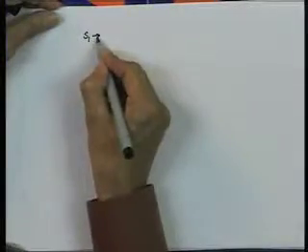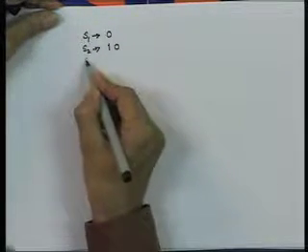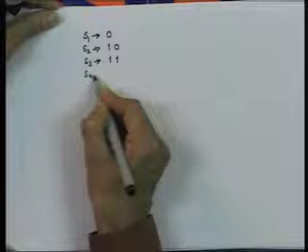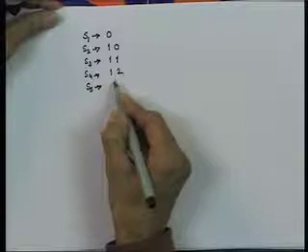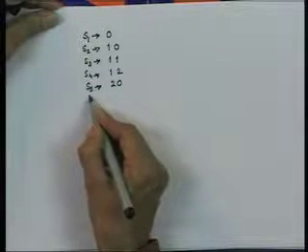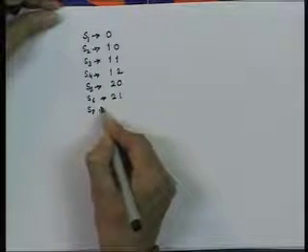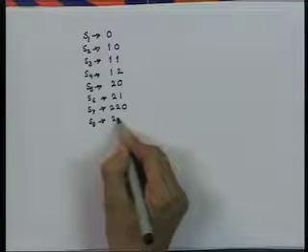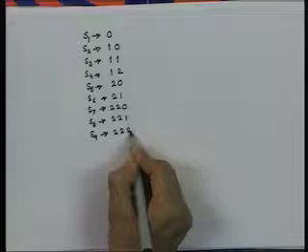I can take the first symbol S1, I will assign 0, to S2 I will assign 1 0, S3 I will assign 1 1, S4 I assign 1 2, S5 is 2 0, S6 is 2 1, S7 is 2 2 0, S8 is 2 2 1, and S9 is 2 2 2.